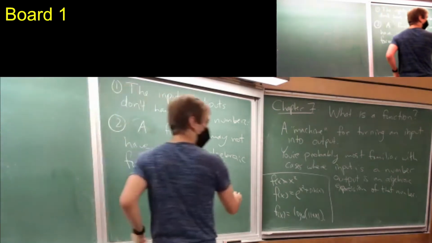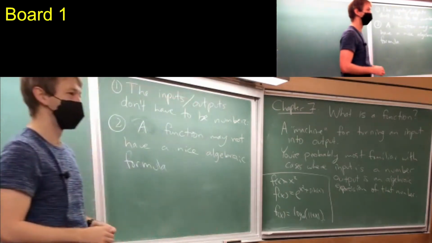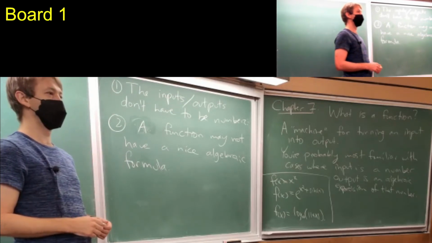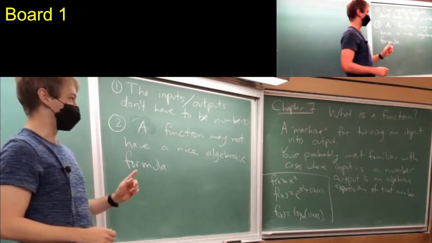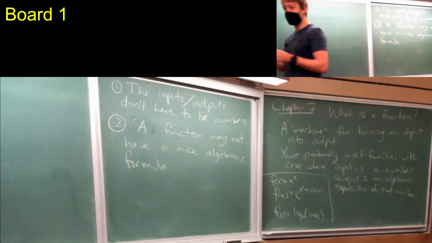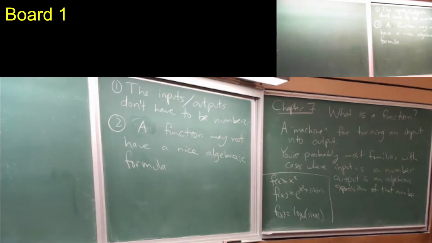Yeah. When you have periodic functions, where different inputs give the same output? Yes. So I said something like the word unique here. What I mean by that is, you can have the same output produced by two different inputs, but each input should have a unique output.